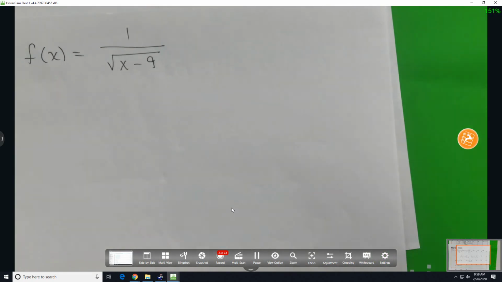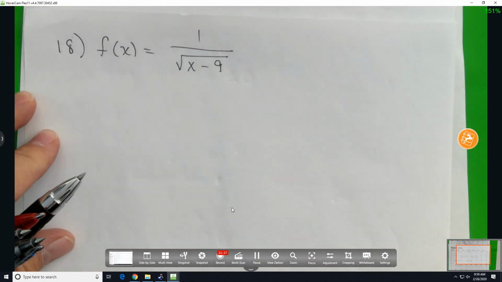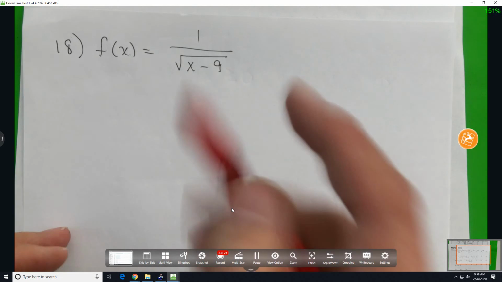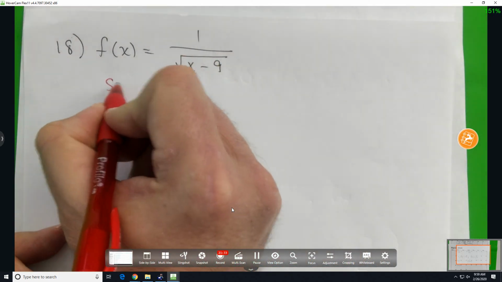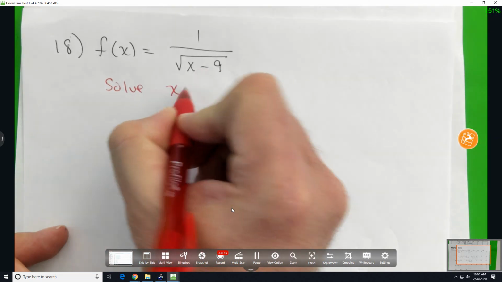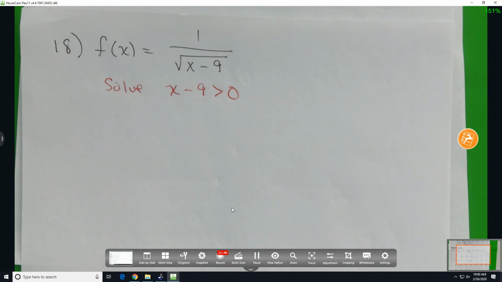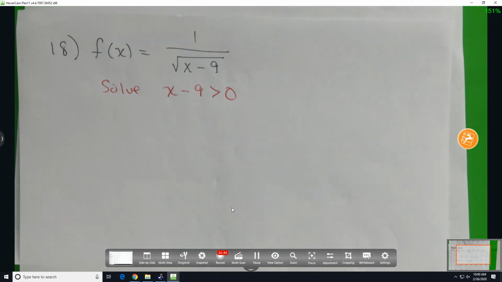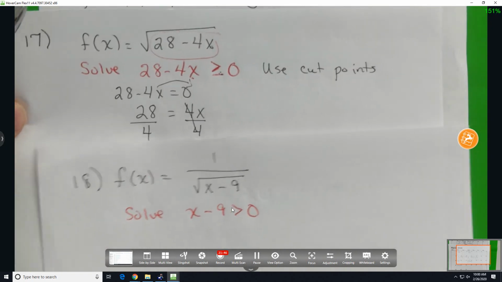Okay, so number 18. If there's a fraction with the square root, you're going to take what's under the square root symbol and just say it has to be greater than 0, not equal to 0. You can look at both of these.